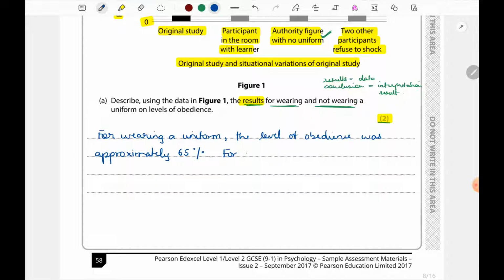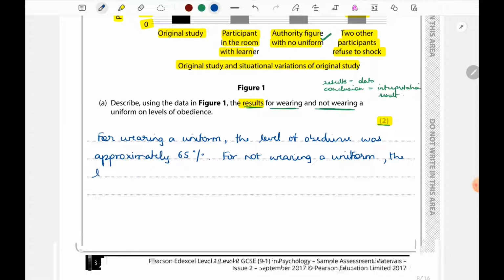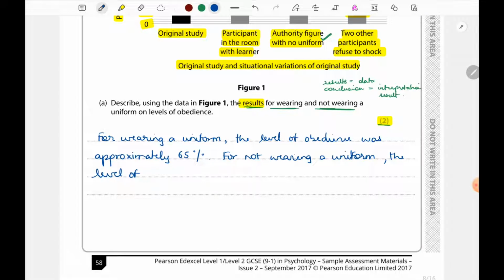For not wearing a uniform, the level of obedience was 20%.